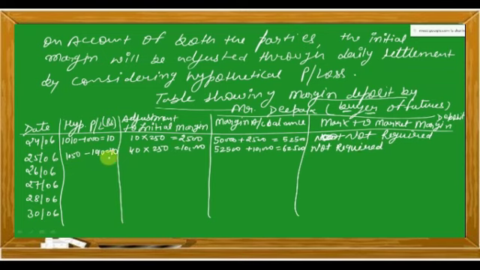On 26th of June, the price is 1020. So the hypothetical profit or loss, if you see it from 1000, you will say, sir, it is still a profit. No, because you have already taken the price up to 1050. So now if it is coming down to 1020, it will be considered as a hypothetical loss. The 1020 is the current price and the previous closing price is 1050.